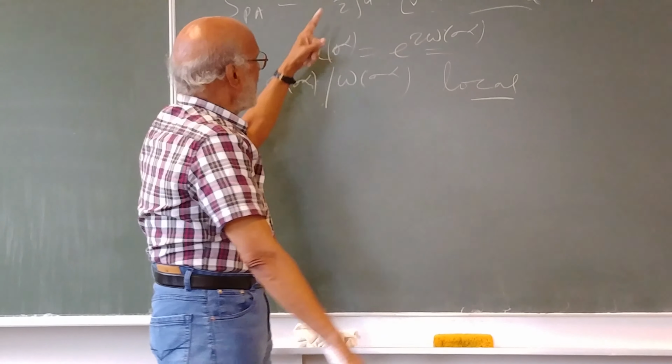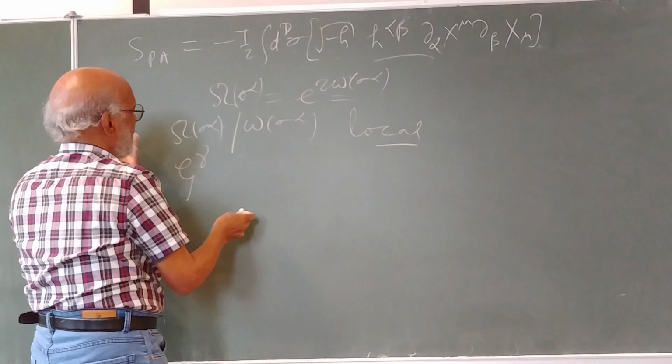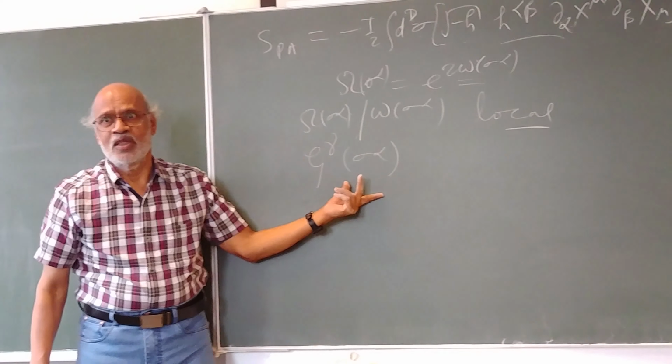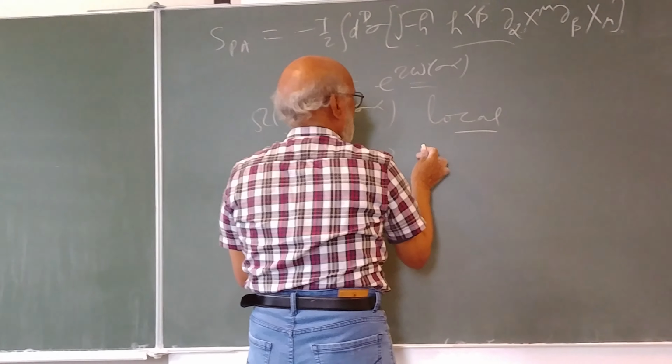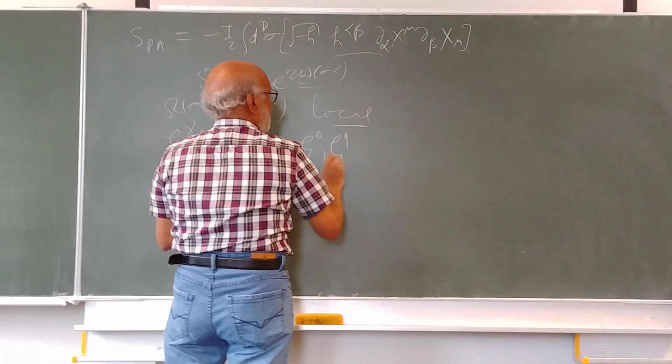And we had this zeta gamma or zeta alpha or whatever you call it. This is also a function of sigma alpha. So we had two parameters, zeta 0 and zeta 1.